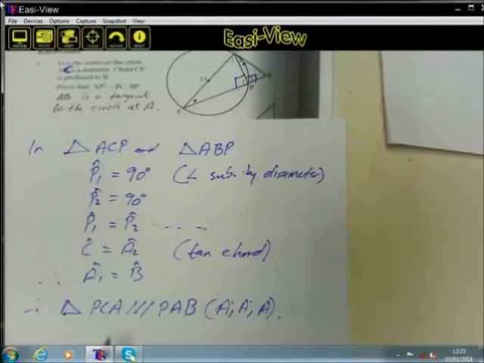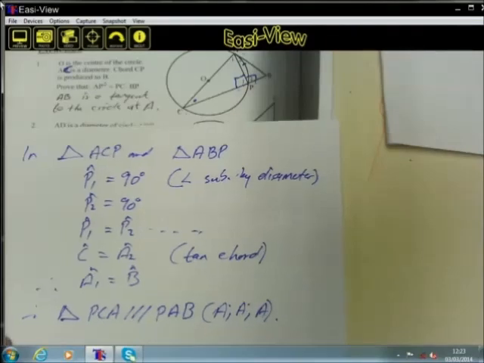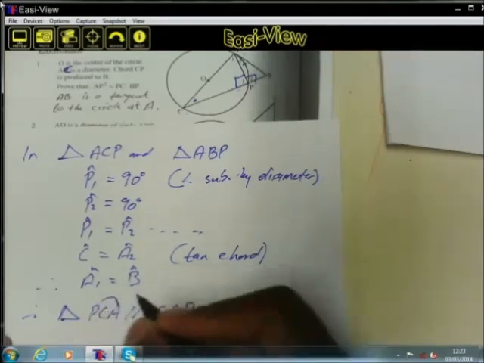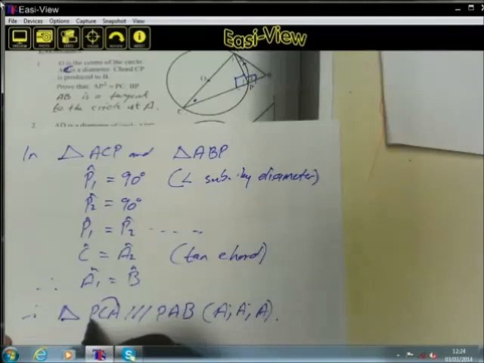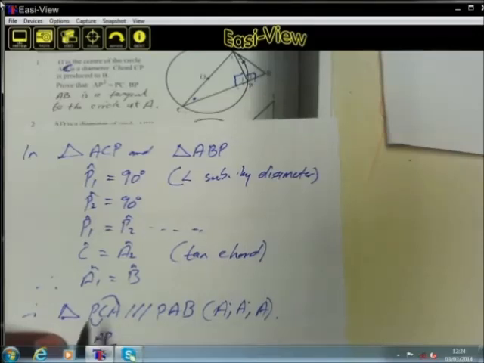Now that we have proven the two triangles to be similar, we can take sides in order. Let's take any two sides in order. Let's say if you take AP over PC. Sorry, I've taken PA or AP over PC.